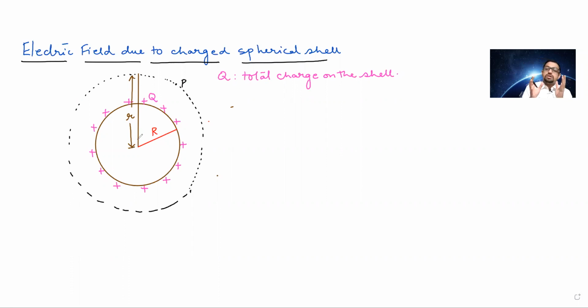Right? Now, the concept is to calculate the electric flux. For that, we need the electric field and the area vector at that given point.